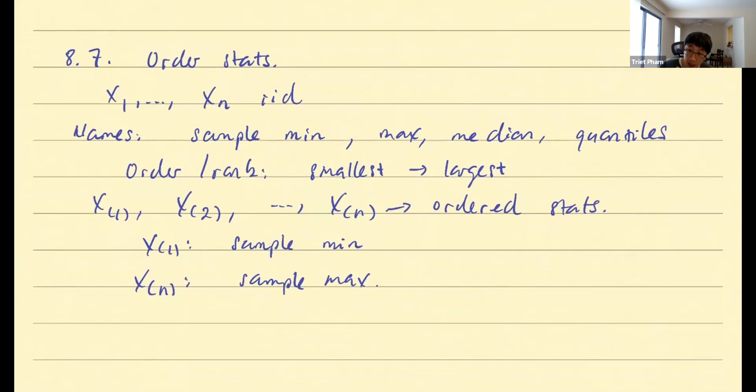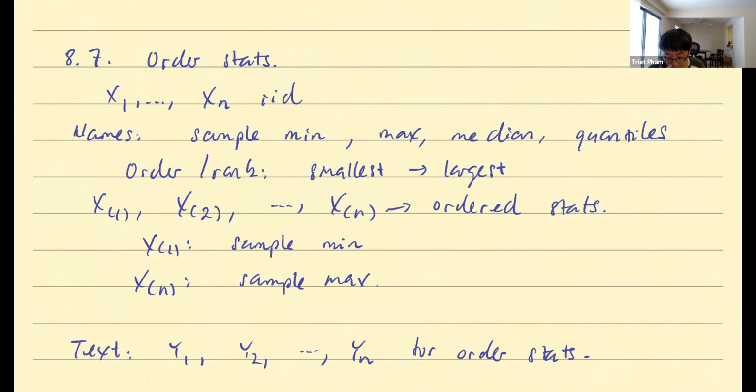Your textbook, I guess, realized this confusion, and likes to use the notation y1, y2, up to yn for order stats. And you see the motivation why. I will stick with my notation. Normally I would try to stay as close to the book as I can, to not confuse you.